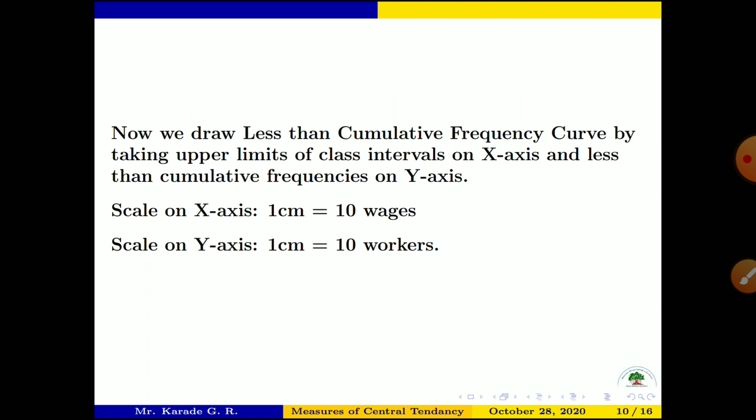So scale on the x-axis is take 1 centimeter is equal to 10 wages on x-axis, and scale on y-axis is nothing but 1 centimeter is equal to 10 workers on the y-axis. By using this scale we draw our graph.